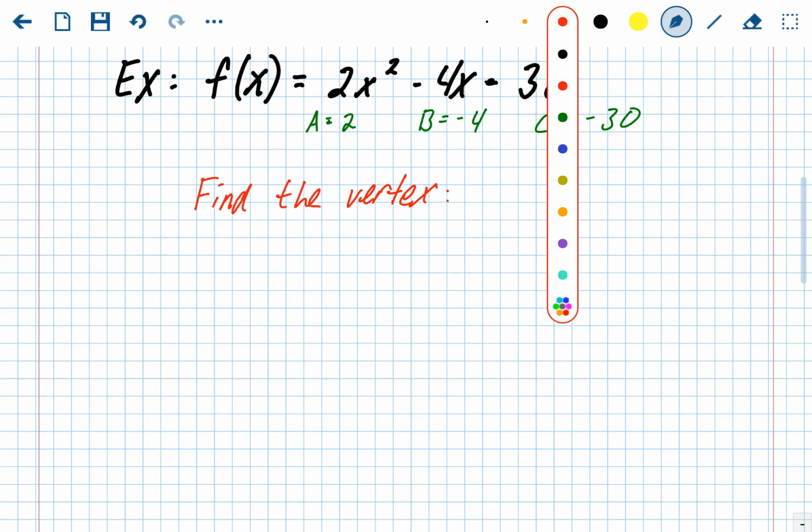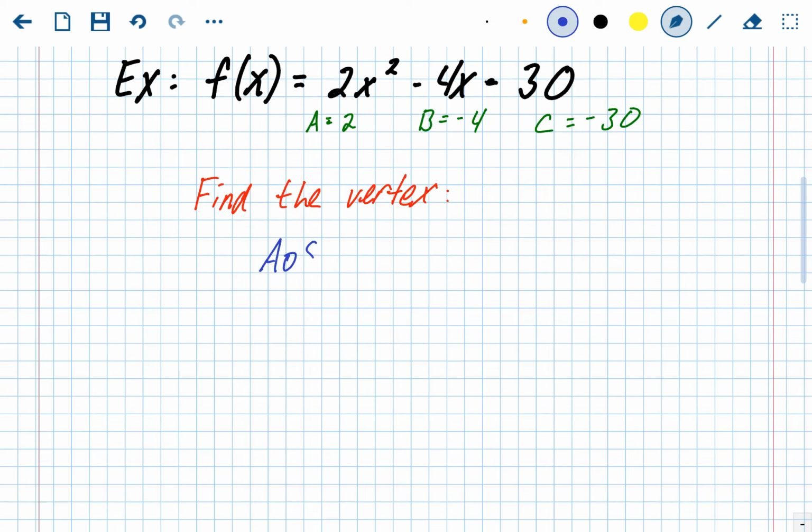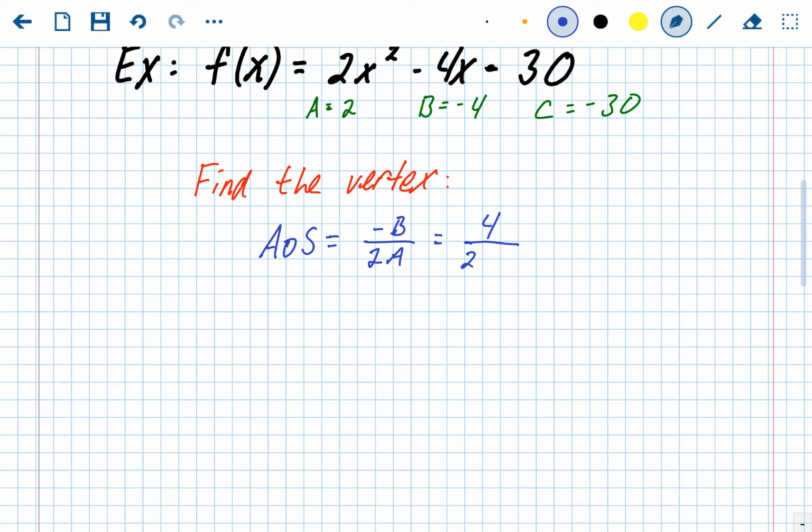So again, we'll start with the axis of symmetry, which is always equal to the opposite of b over 2a, or negative b over 2a. Well, b is negative 4, so the opposite of negative 4 is positive 4. 2 times a is 2 times 2, which gives us 4 over 4, which is 1.